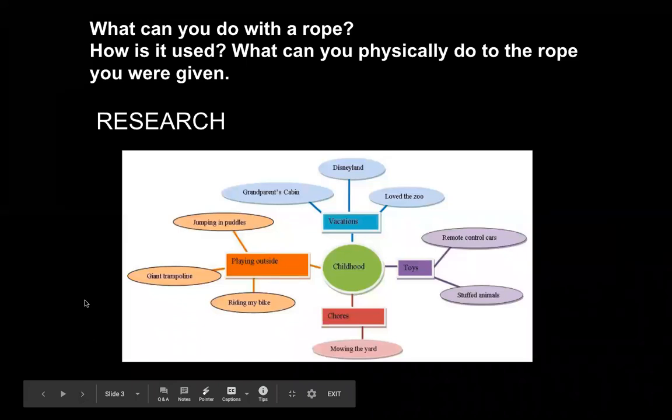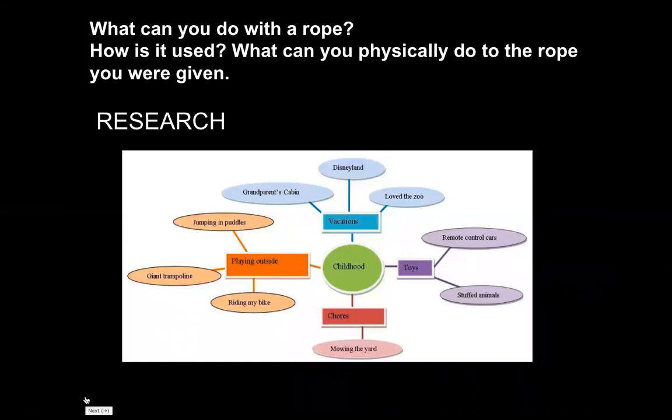One of the suggestions I would do for this is to research the different purposes and the different uses of rope, thinking about what kind of knots could be made. A lot of students will research either sailor's knots or Boy Scout knots to figure out different styles of knots they can use the rope for.